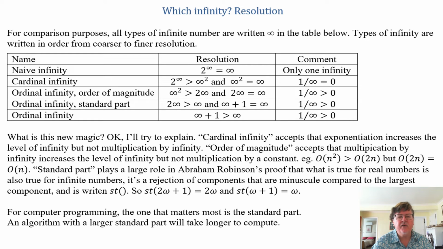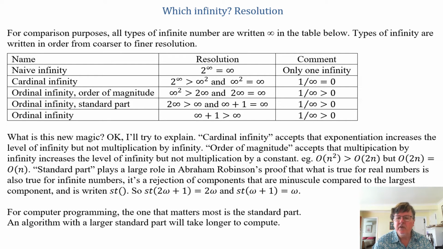In naive infinity, there's only one infinity, and 2 to the power infinity is just the same as infinity. For Cantor's cardinal infinity, we jump from one level of infinity to the next using exponentiation, but not if you multiply by infinity.